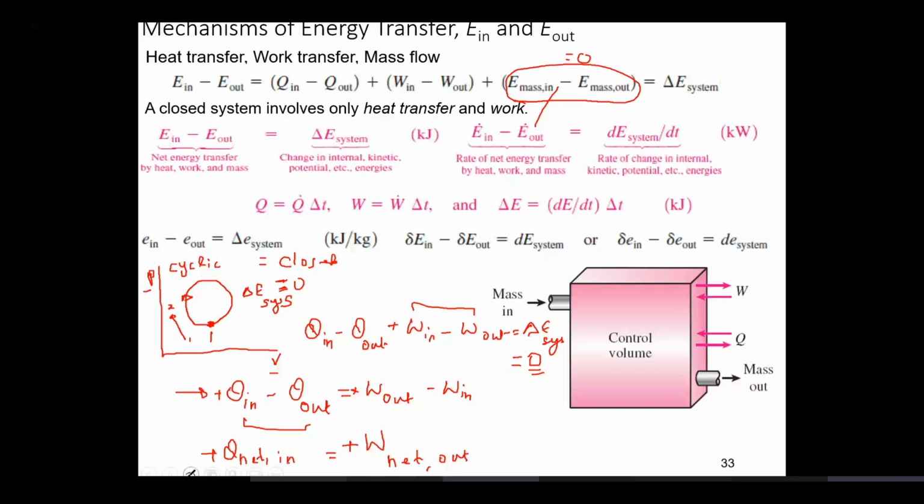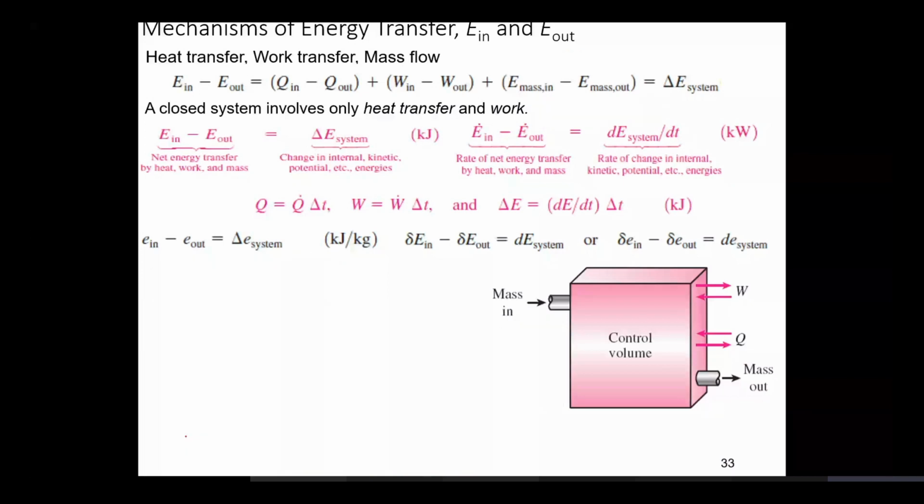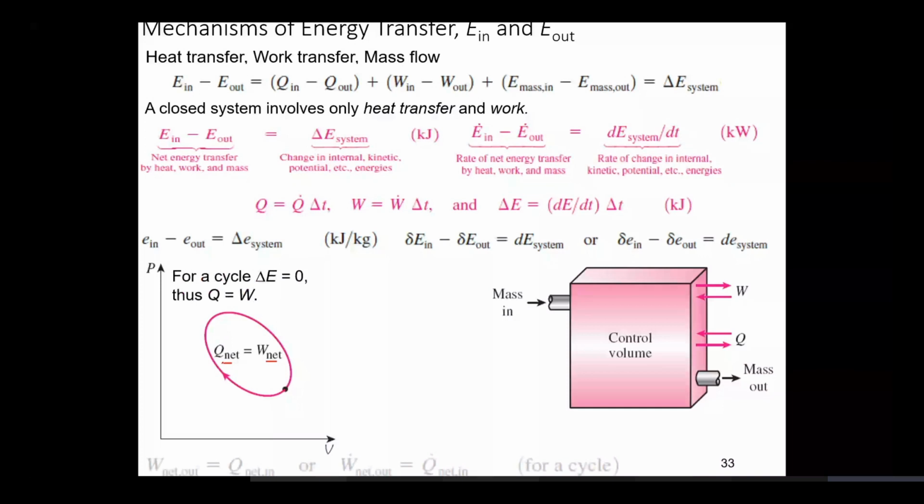Yes, sir. All right. So I'll clear the slide and I would again show you that for a cyclic process, Q net is equal to work net. And I normally express this as work net out equals Q net in. Why? Because in the equation, if I move work net out to one side and keep it positive, work net is basically expressing the difference between the two works.